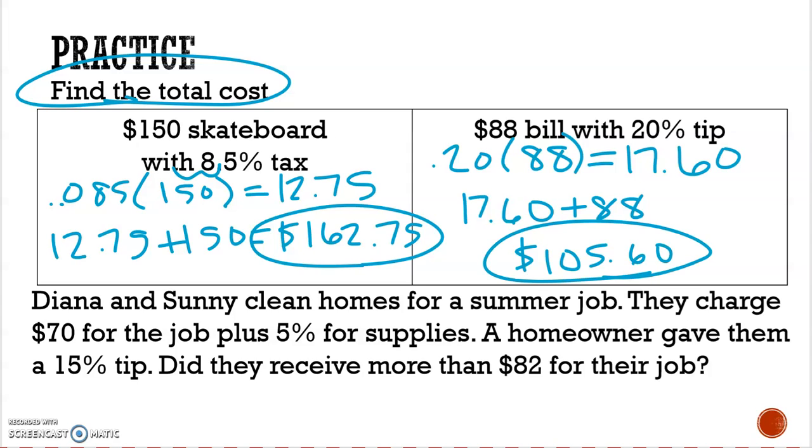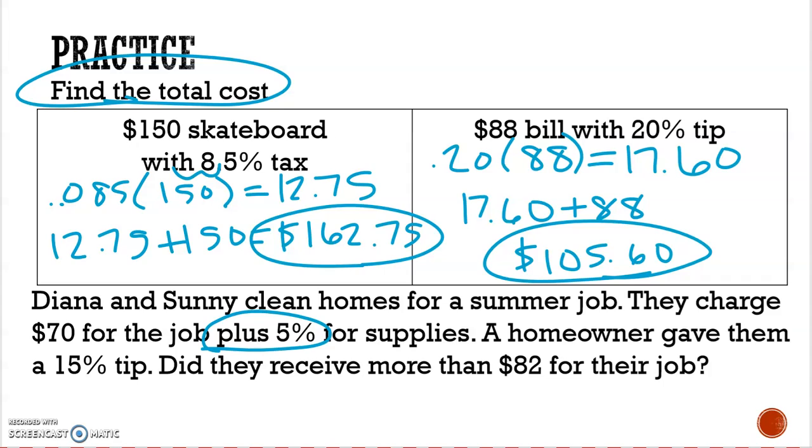All right, Diana and Sunny clean homes for a summer job. They charge $70 for the job plus 5% for supplies, and a homeowner gives them a 15% tip. The question is, they want to know if they received more than $82 for their job. Okay, so there's 2 parts on this one, and we haven't talked about it yet.